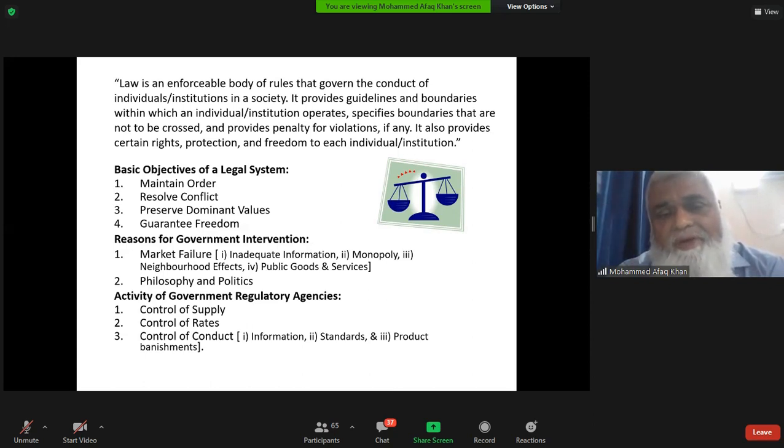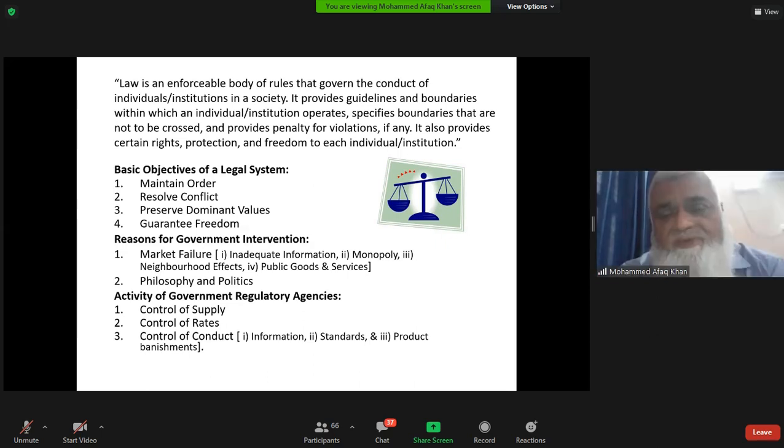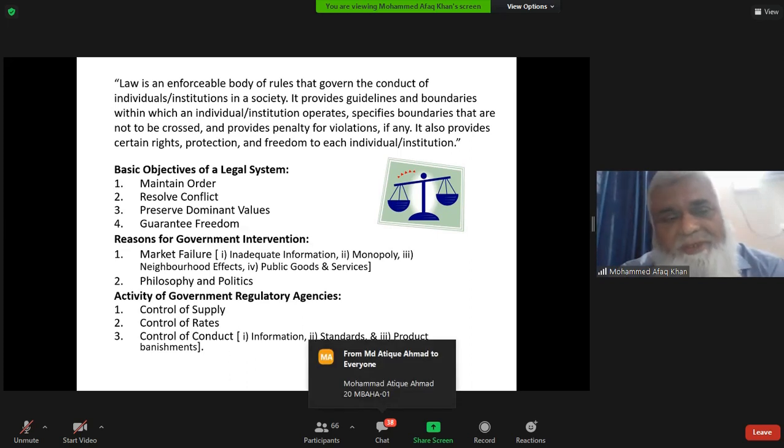And the freedom given to individuals or institutions sometimes has a curb on it, as per the requirement which the government may foresee over a period of time. So the government is free to change those rules.